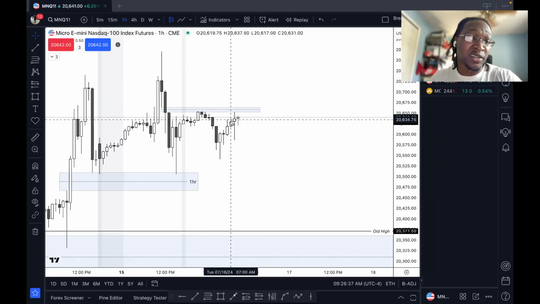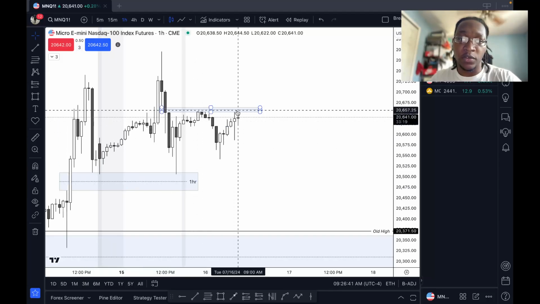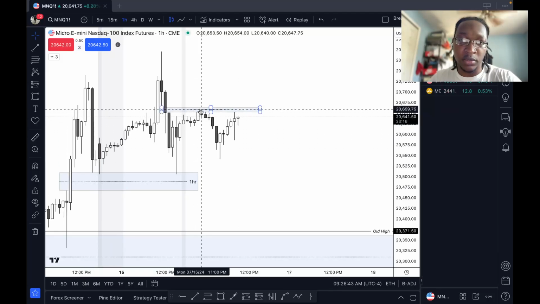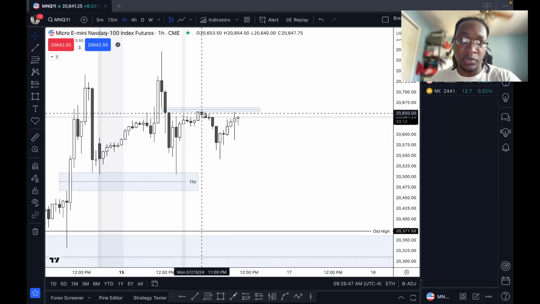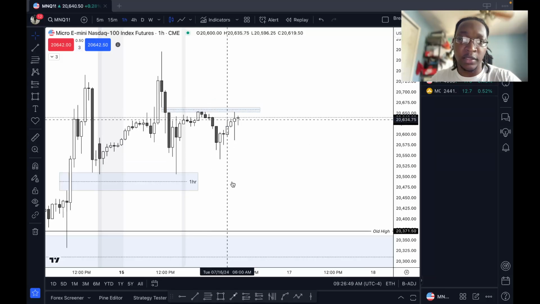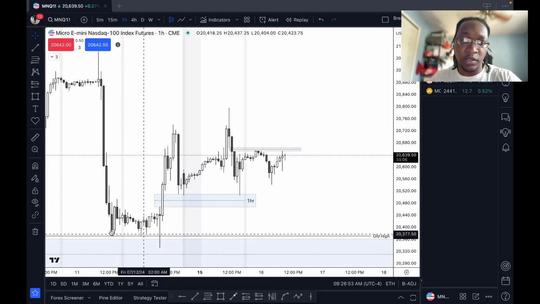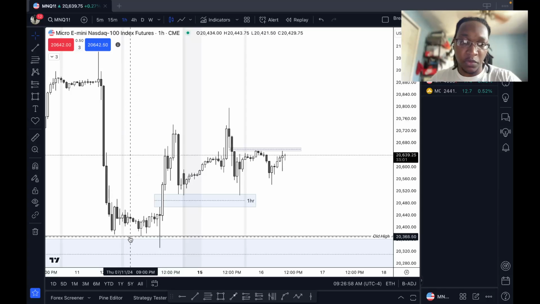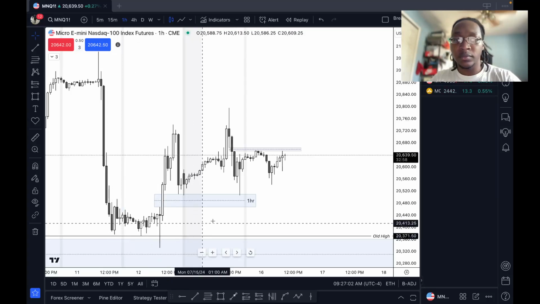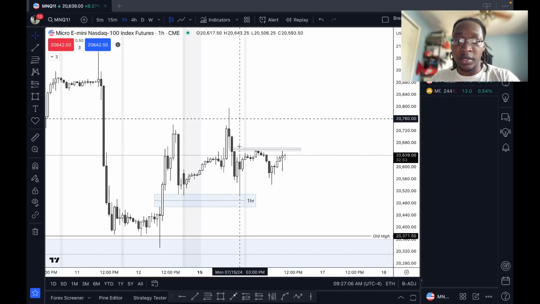So if price is truly bearish and wants to trade down to this hourly gap here, we could run out Asia's high and then drop for sell side here and some relative equal lows here. This wick does wick all of this out, but the bodies are relatively clean.